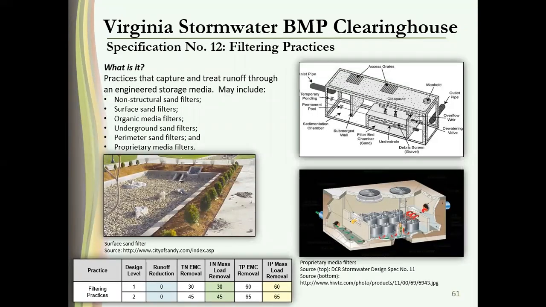Filtration practices. This is a little bit different from what we were talking about earlier with the manufactured treatment devices. With manufactured treatment devices, I'm not going to say a brand name, but you call up a person with a brand name, you buy their product, and you put it underneath your catch basin.